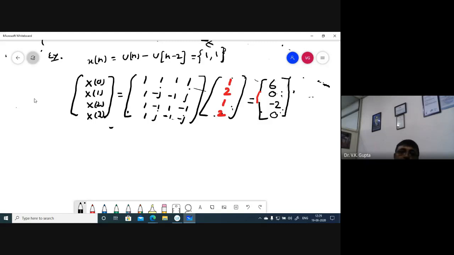So what should we do? We have to evaluate the 4-point DFT, which means we first make the length of this sequence 4 by adding 2 zeros.